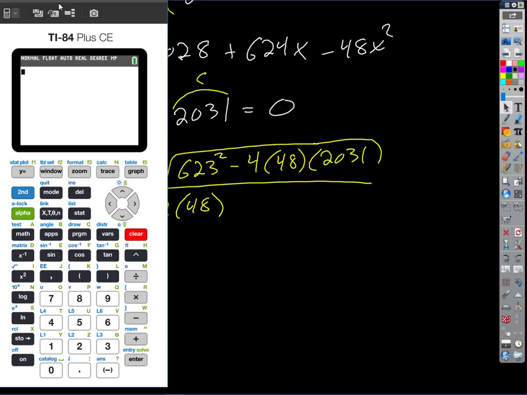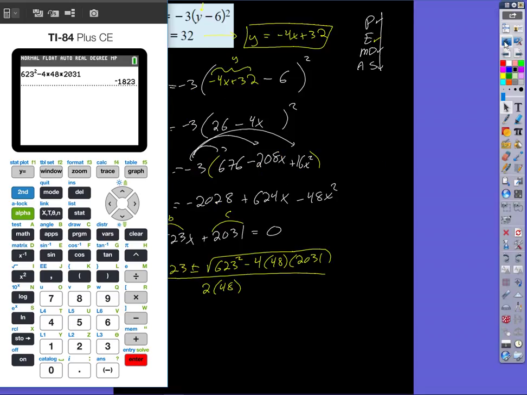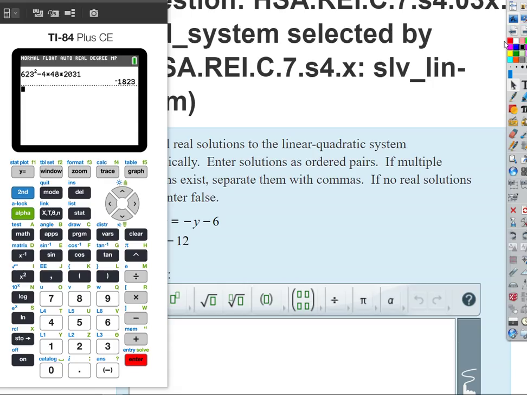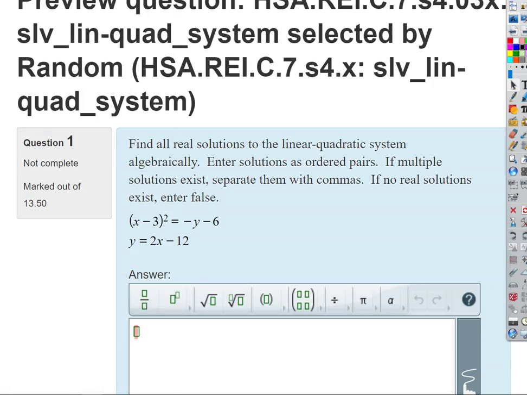So 623 squared minus 4 times 48 times 2031 is negative. We're off the hook, right? So the answer is false. Anyway, the answer would be false, right? Okay?